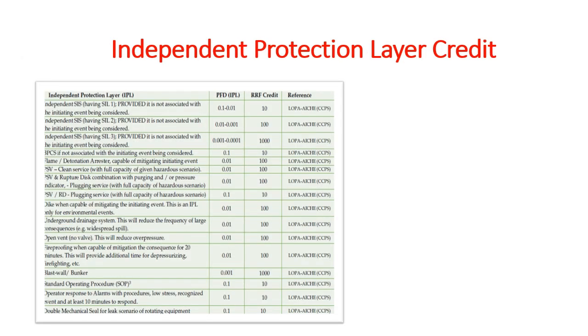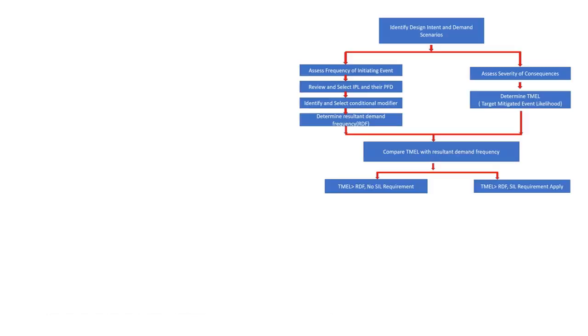Okay, so this is again the independent protection layer credit. This is also available from the failure database. Now again, if we look into the complete flowchart of the LOPA, this is one thing, and this resultant demand frequency we have achieved.